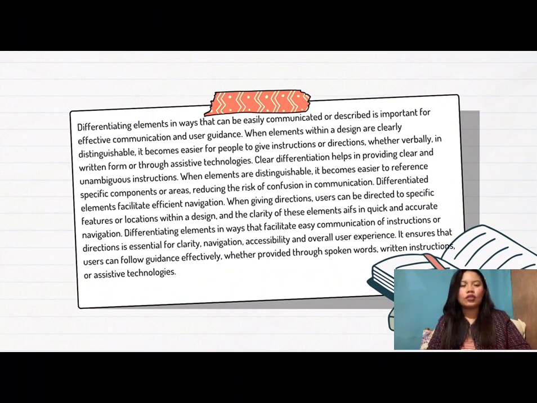So, differentiation is valuable for providing instructions or directions because clear differentiation helps in providing clear and unambiguous instructions. When elements are distinguishable, it becomes easier to reference specific components or areas, reducing the risk of confusion in communication.